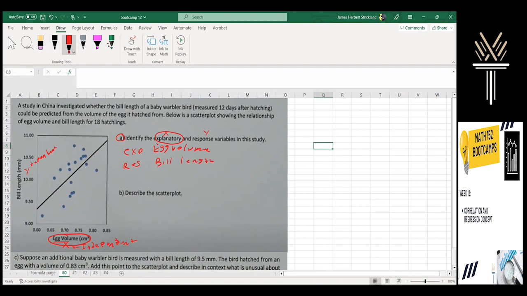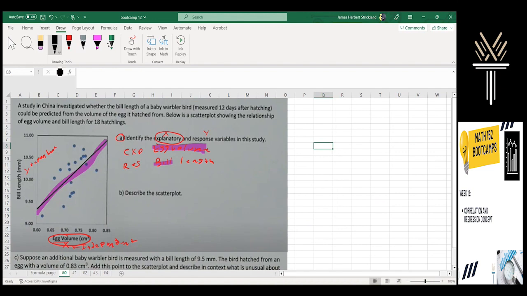Essentially what they suspect is that if eggs get bigger, because you can see it kind of going up, then bigger bills are on the birds. You know, essentially, if you're a bigger baby when you're born, you'll be a bigger adult. That's the idea that they're going after in terms of birds in this case.